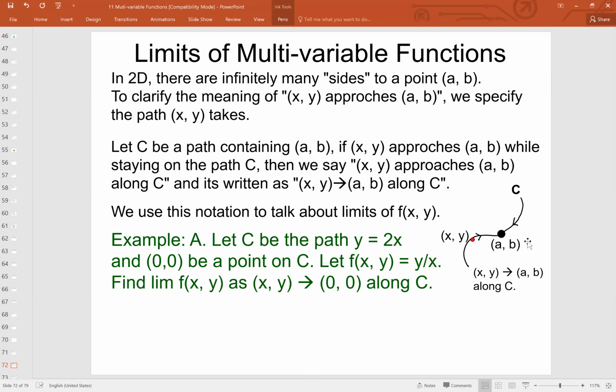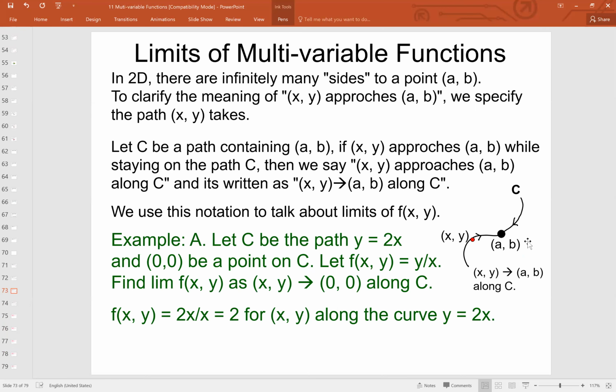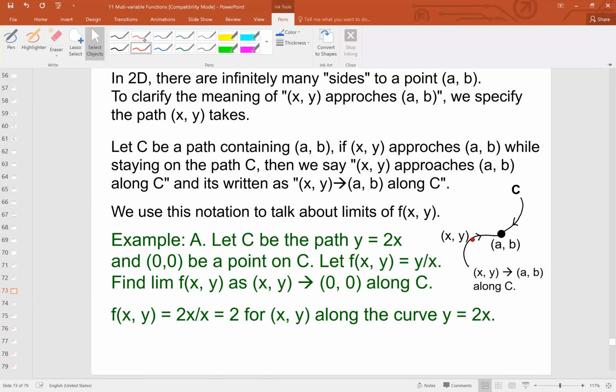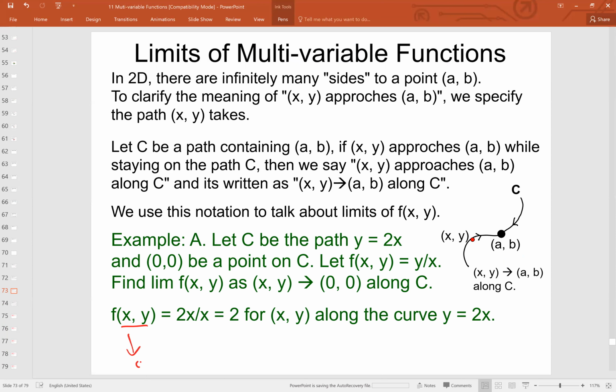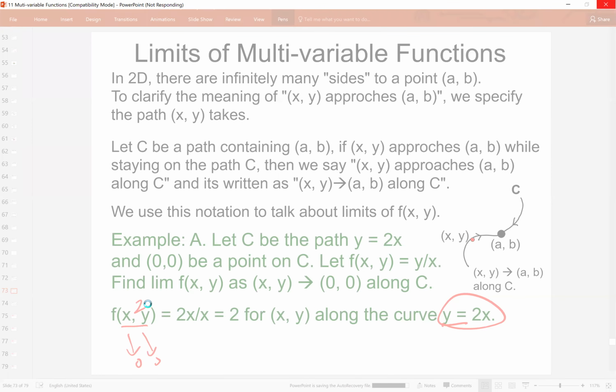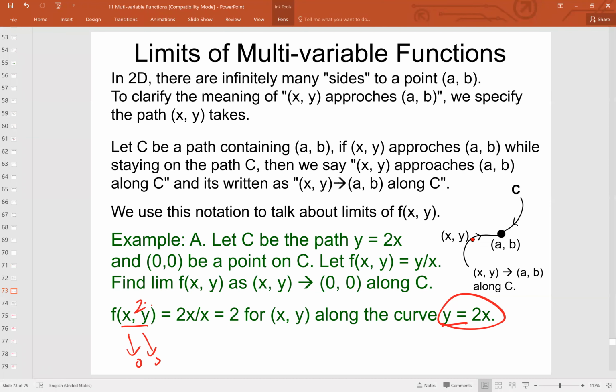For example, if I want to evaluate the limit of y over x as we approach (0, 0), well, it depends on how we approach (0, 0). If I insist that these points getting close to (0, 0) have y always equal to twice x, then the function is always 2x divided by x.